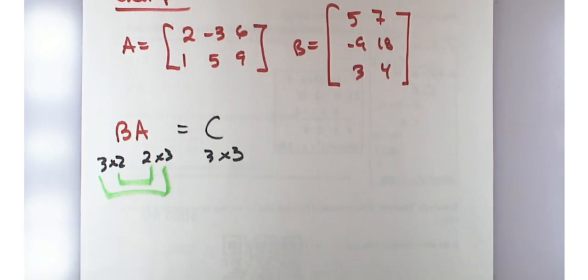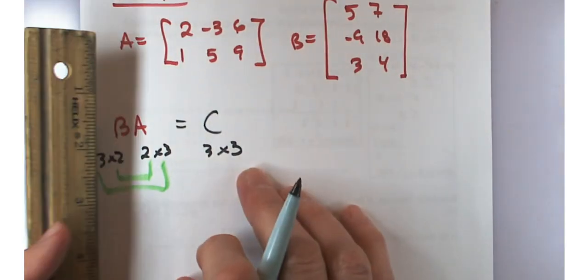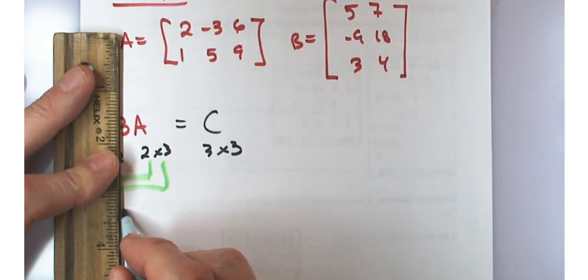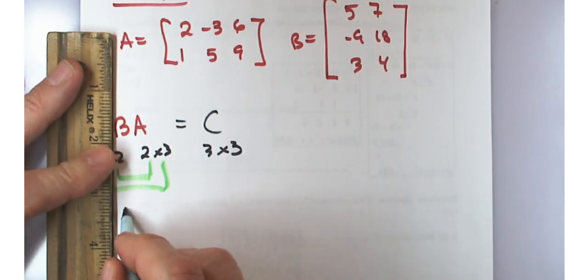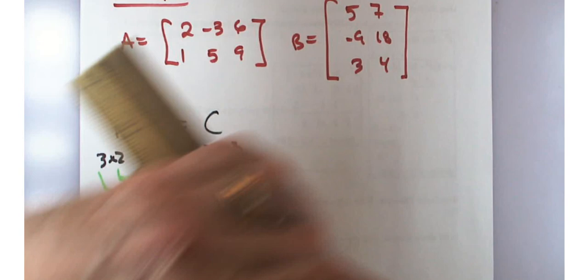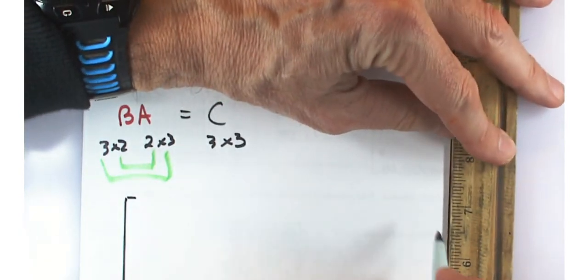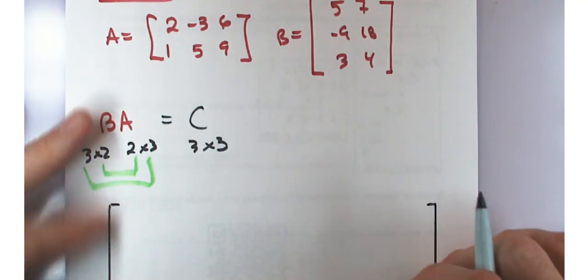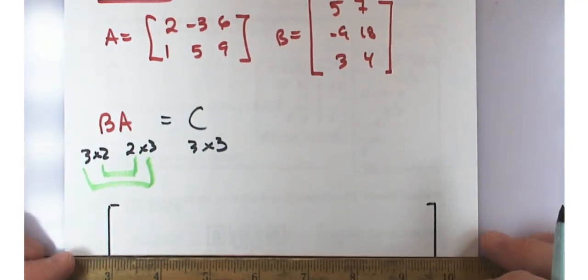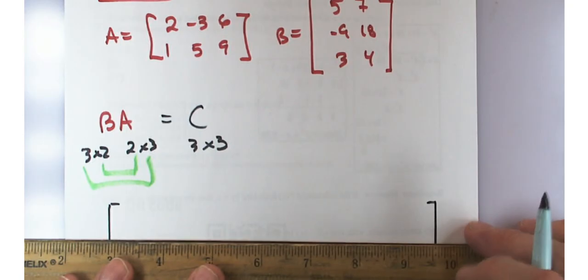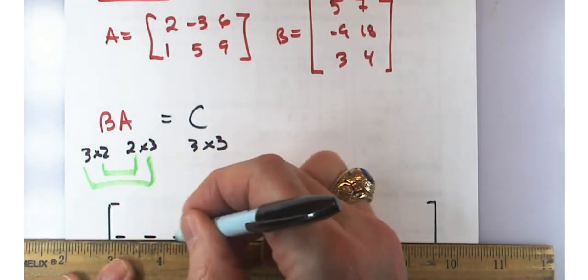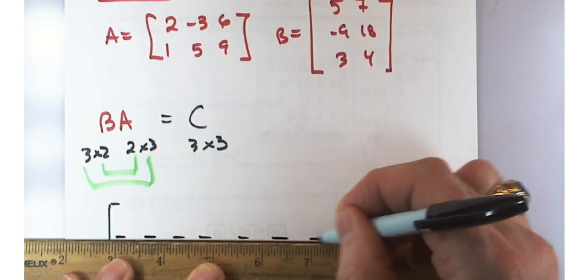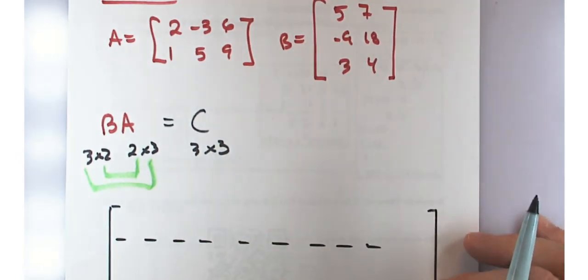Now, to make this a little easier on myself, I'm going to draw a big 3 by 3 matrix here. And likewise over here. And I'm going to divide it up into thirds. So roughly maybe here, and then down below.